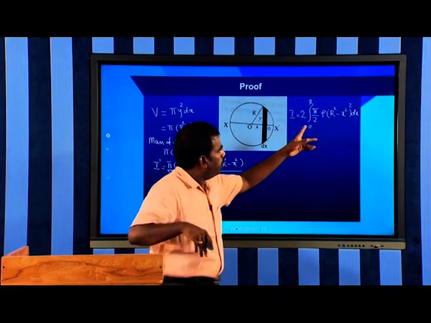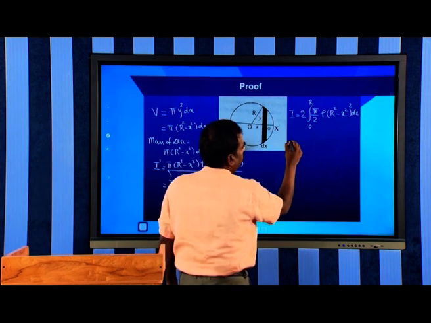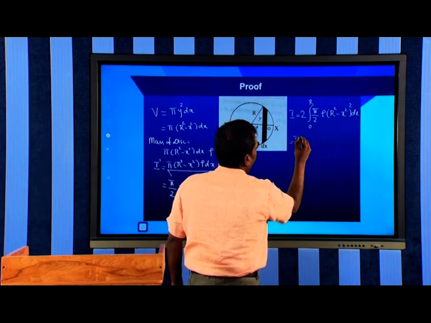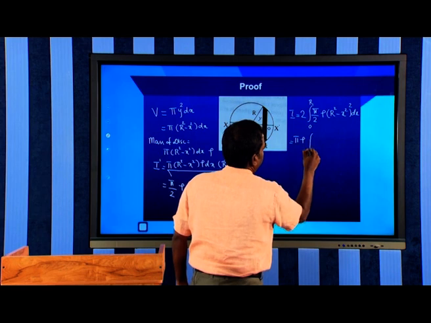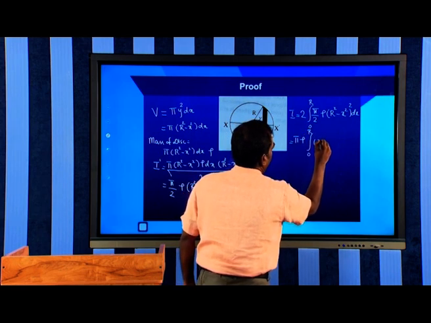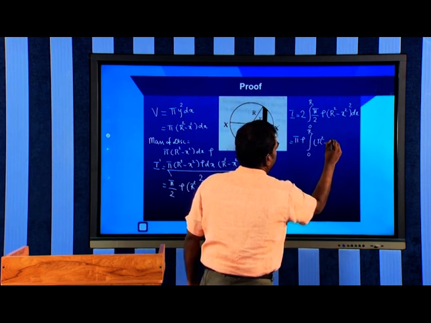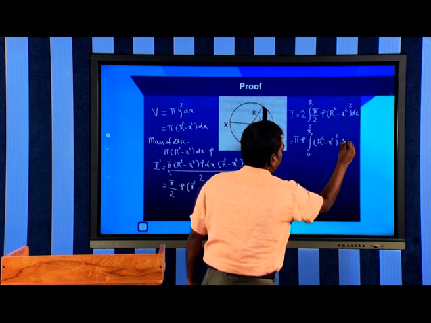So here the 2 cancels, pi rho is constant, take it outside. So pi rho into integral 0 to r of r square minus x square the whole square dx.